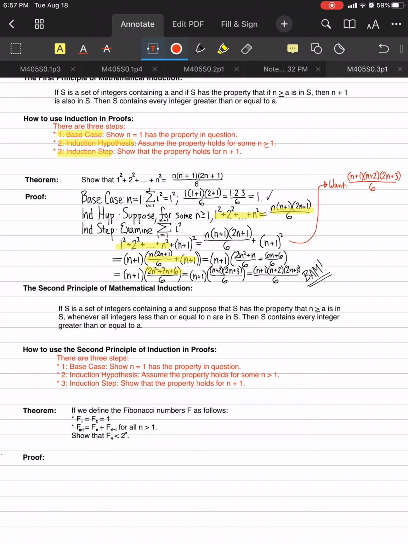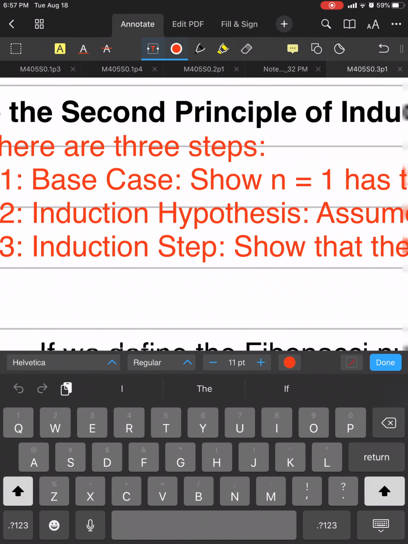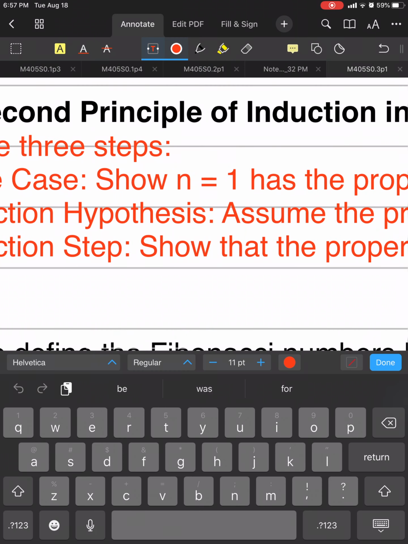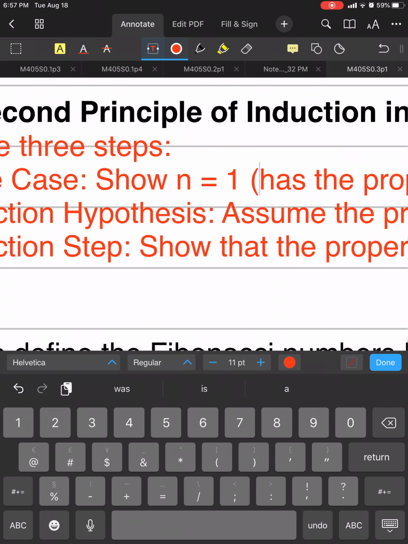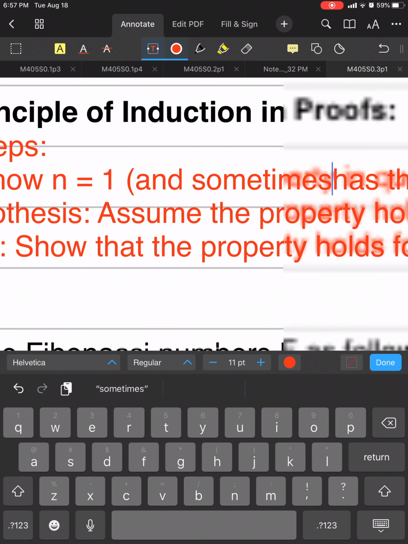You can use one or the other. Either one works. So one thing here, the base case, you do need to show n plus 1 is in S, but sometimes, depending, and I'll use the example I've got below to explain that.